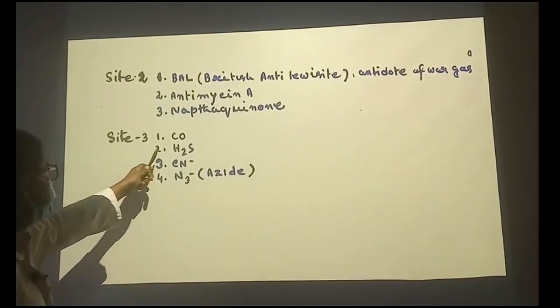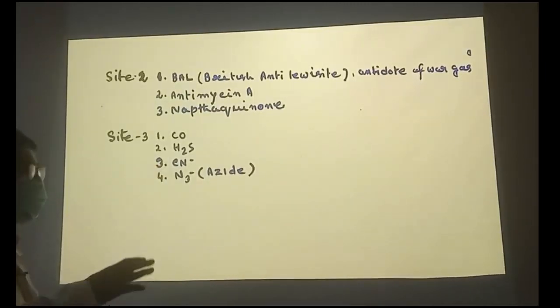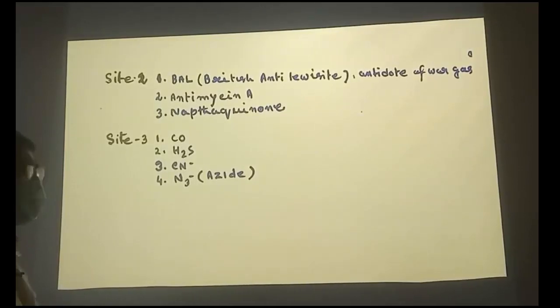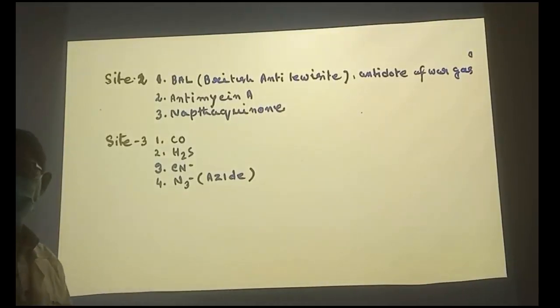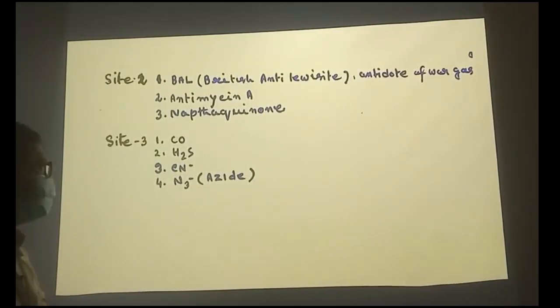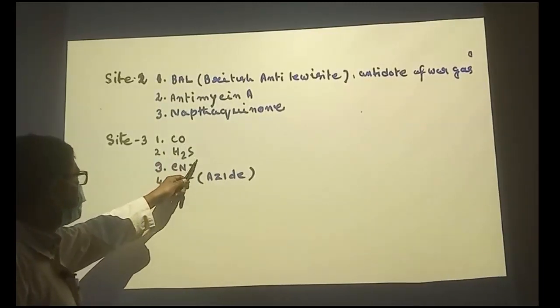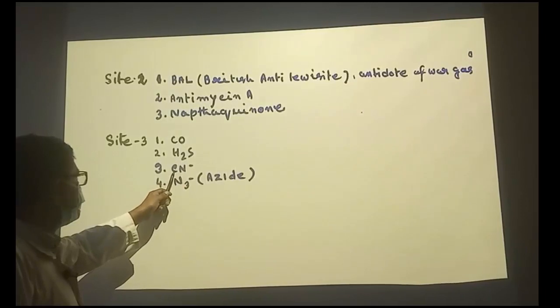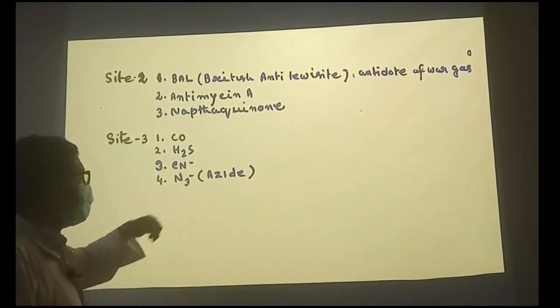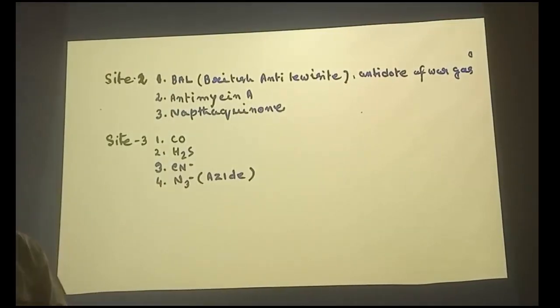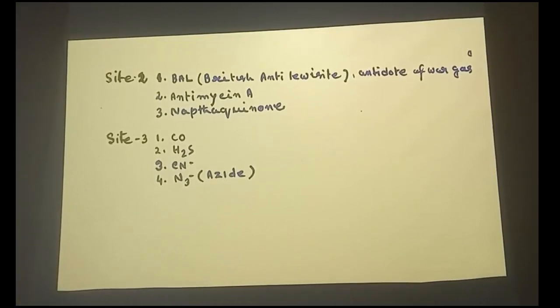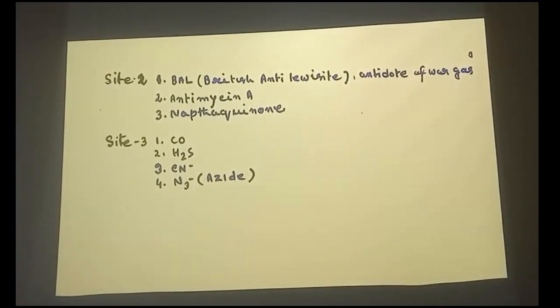Now complex 3, by cytochrome a3 to the oxygen acceptor, is blocked by the following: carbon monoxide, H2S, cyanide and azide. They can block the cytochrome oxidase directly.